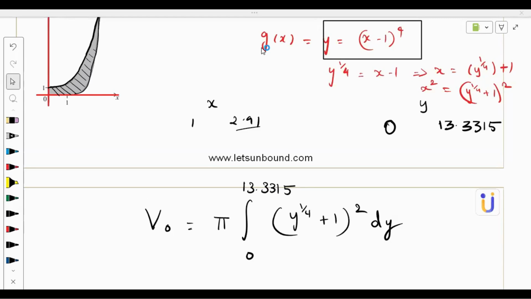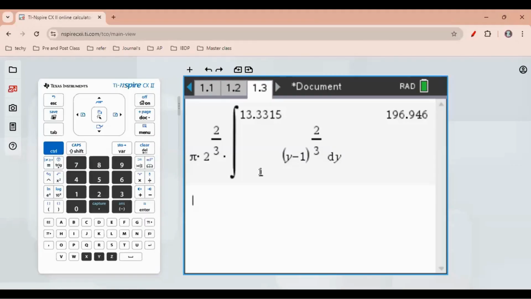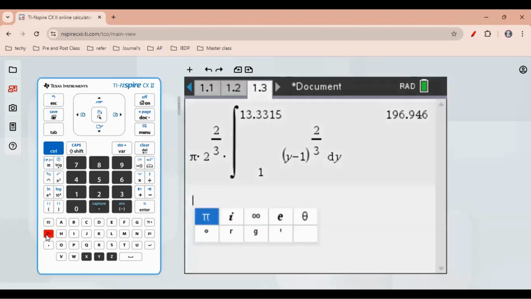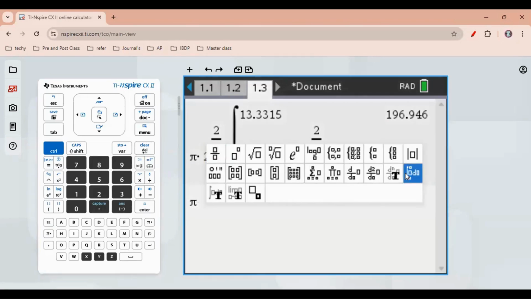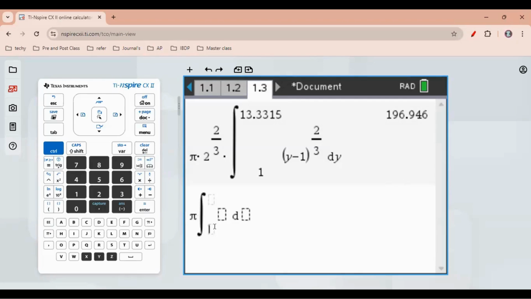Moving here, so similar one. Instead of 1, I should put 0. Then 2 power 2 by 3 is not there. Anyways, let's use the same thing. So pi, then integral with limits 0 to 13.3315, then y power 1 by 4 plus 1 the whole square.